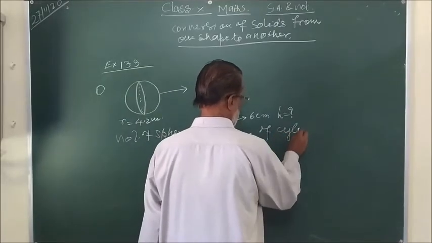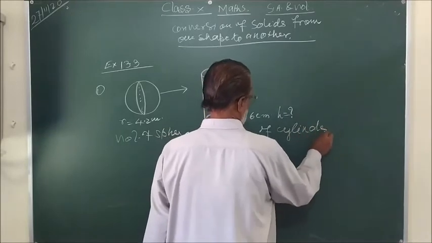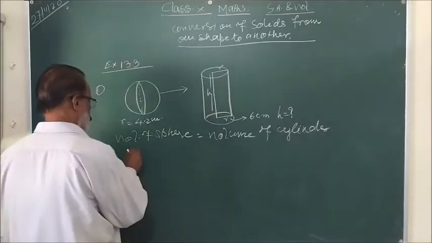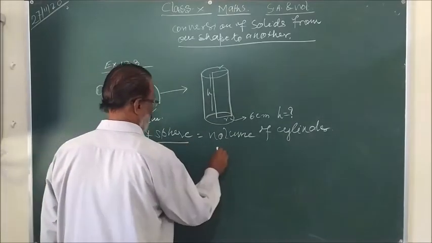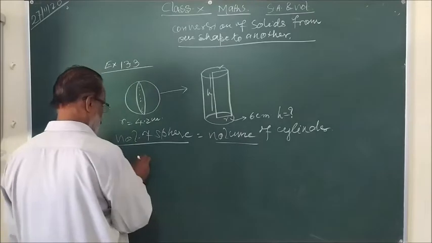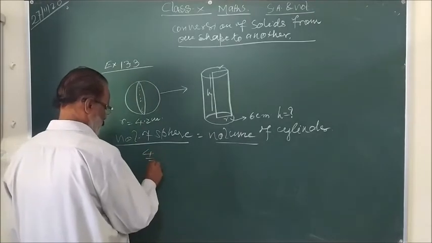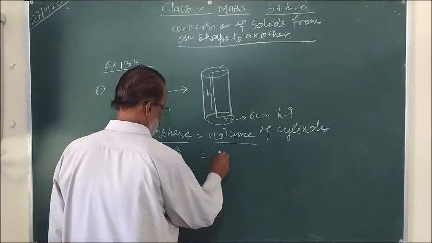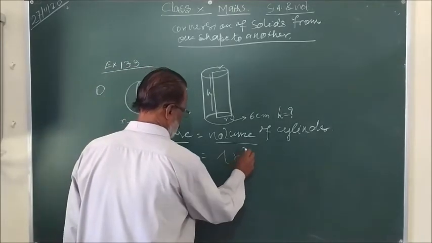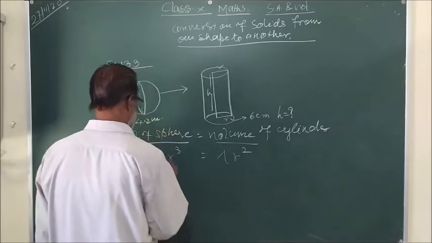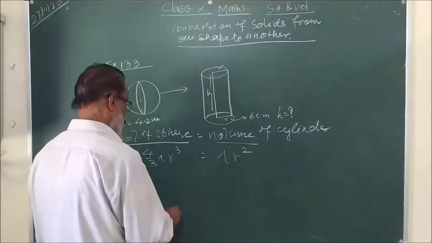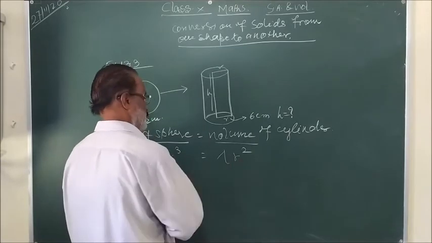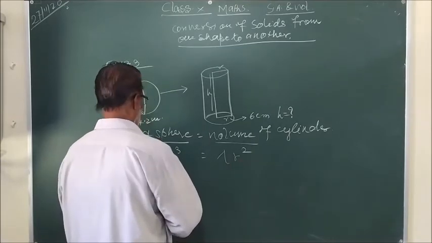Now put the formulas: 4 by 3 pi r cube for the sphere, and pi r square h for the cylinder.